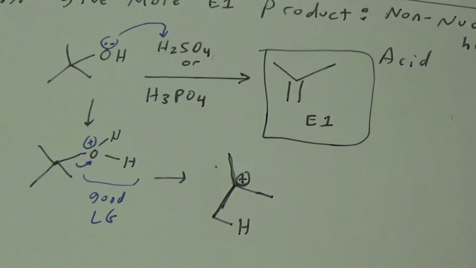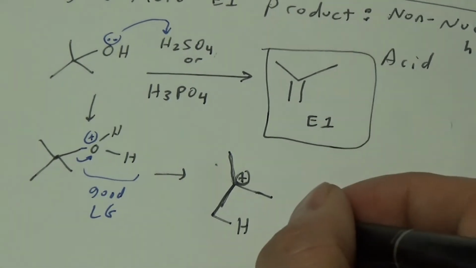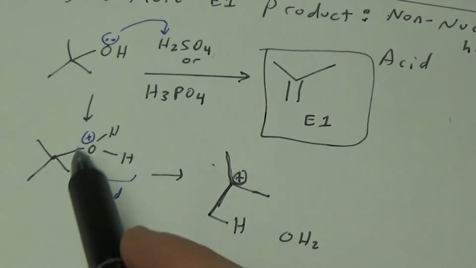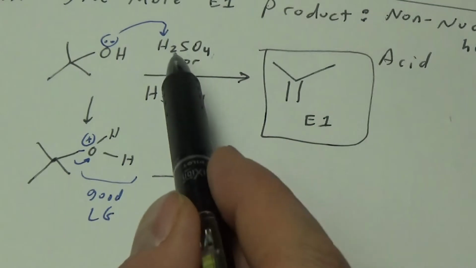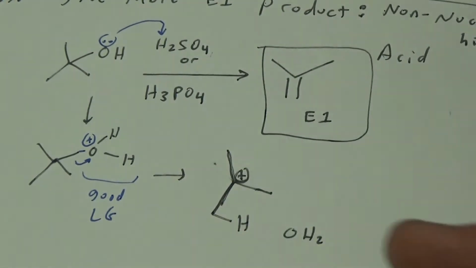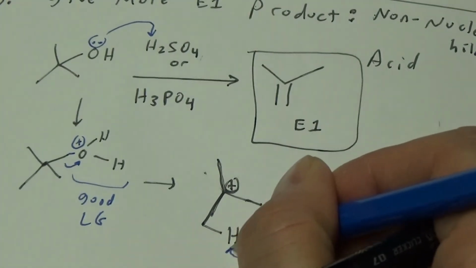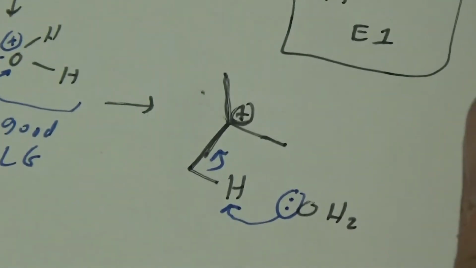I usually just draw water, because where'd water come from? Well, of course we made water, right? Water was synthesized right there. It was a leaving group. So we have water. Otherwise you could draw the conjugate base of sulfuric acid or the conjugate base of phosphoric acid. But it just takes the proton.